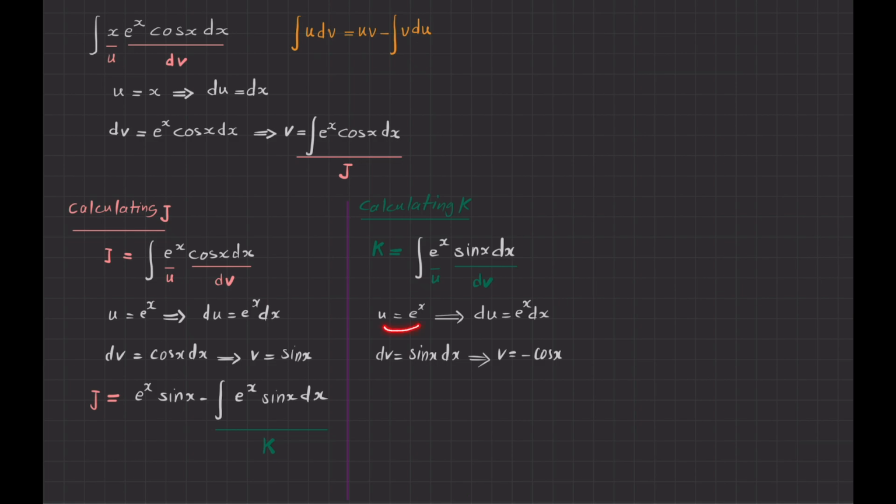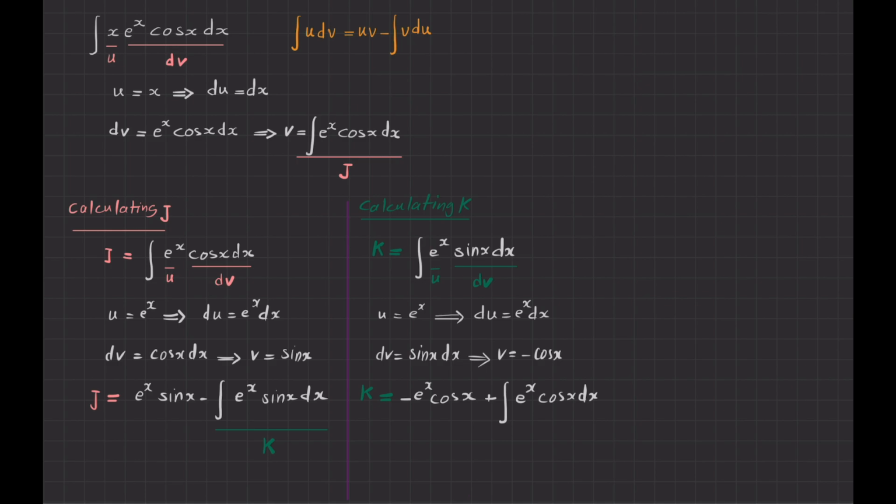And again, I use this formula here. So integral K is equal to minus e to the x cosine x, minus the integral of v du. When I have v, it has a minus sign, which will cancel this minus sign. So I will have plus the integral of e to the x cosine x dx.